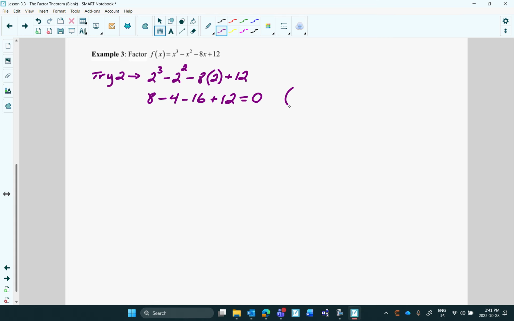That means x minus 2 is a factor. So that's one of them. Now we take the original polynomial and divide by x minus 2 using synthetic division. 1, negative 1, negative 8, plus 12. Drop the 1, times and add.